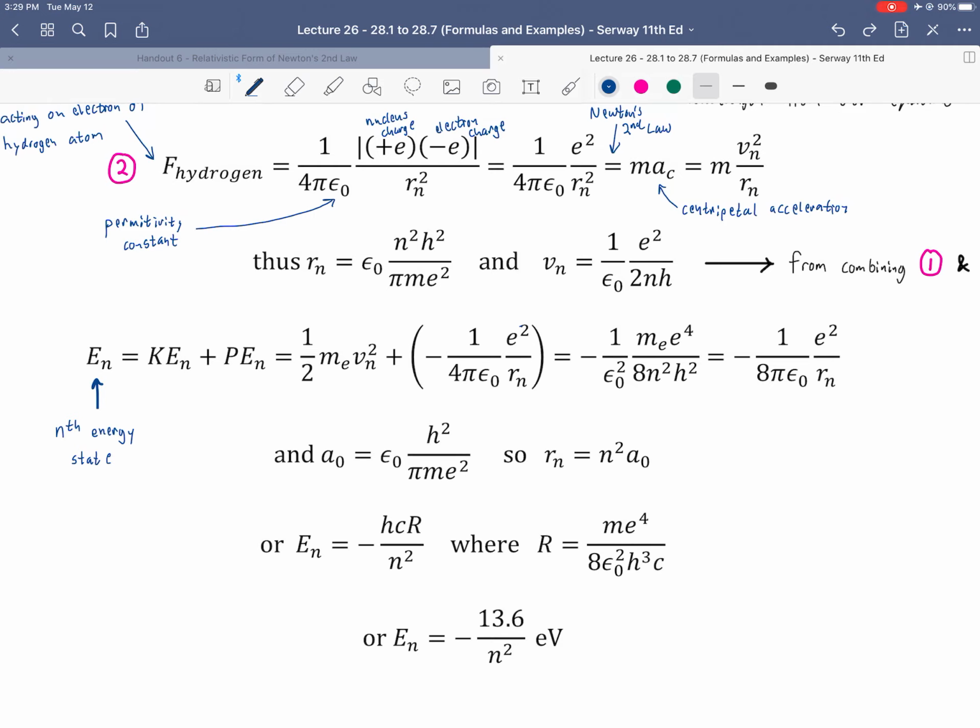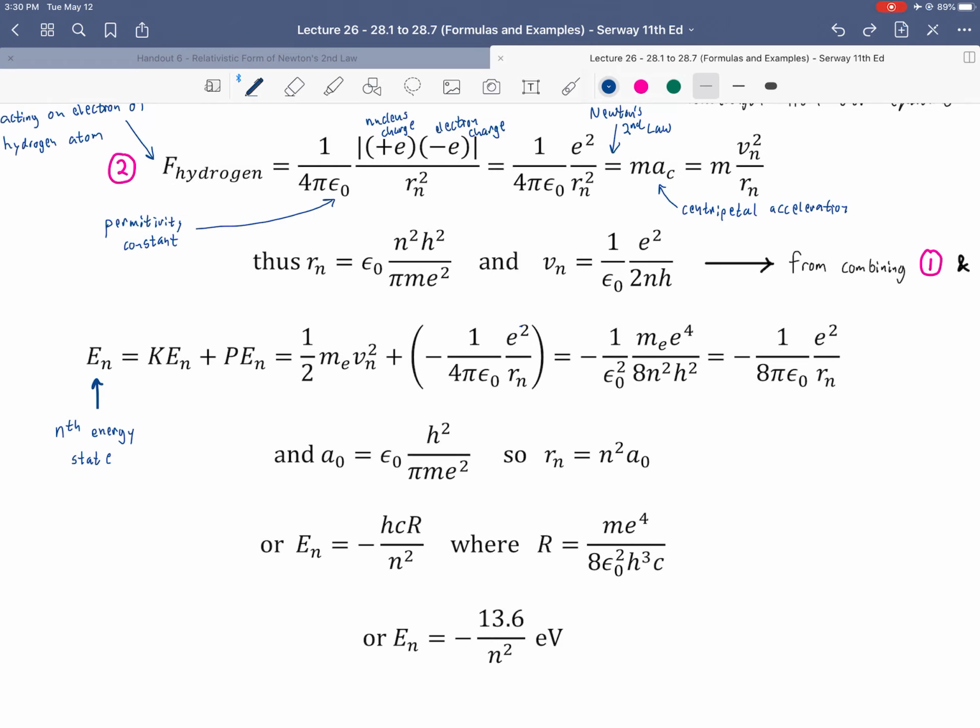In fact, ionization with just enough energy to ionize the electron will give us a final energy value of 0, because in that case the electron had just enough kinetic energy to completely escape the potential energy well. You could have excess energy, in which case the electron escaped and still has some leftover kinetic energy. But that wouldn't be an atom anymore. That would just be an ionized nucleus, just a proton by itself, in the case of hydrogen.